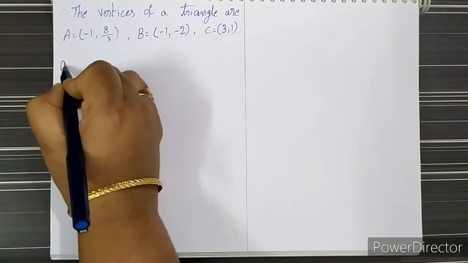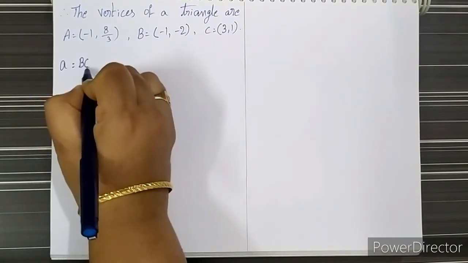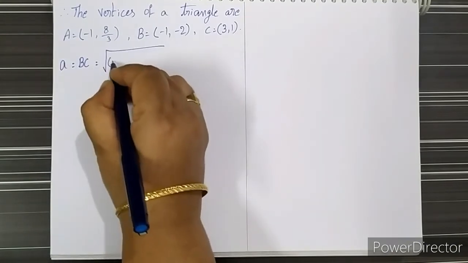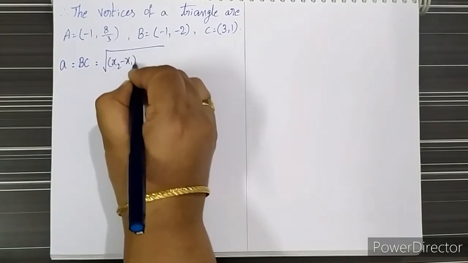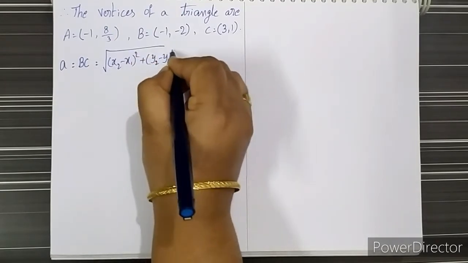First, small a equal to the length of the side BC. We know the formula, square root of (x2 minus x1) whole square plus (y2 minus y1) whole square.